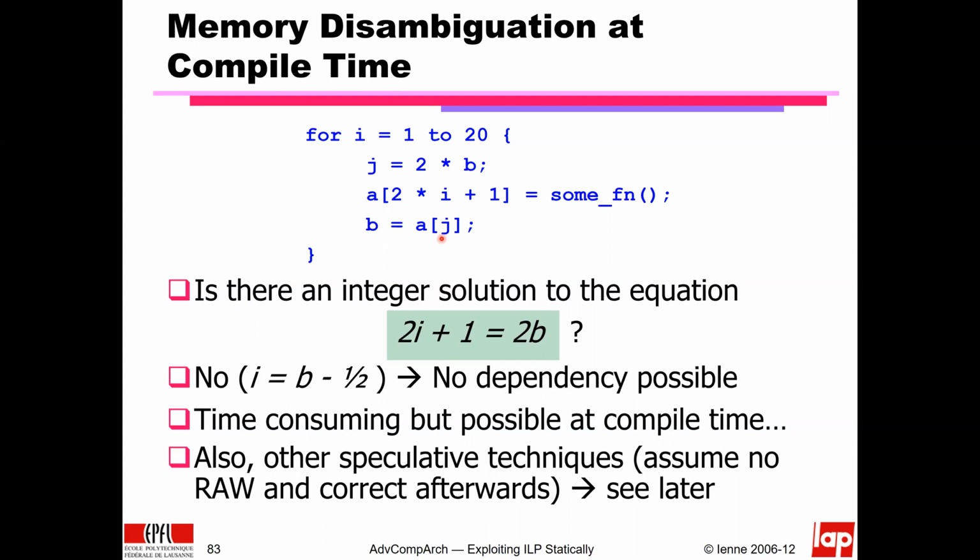Now, solving this and understanding this is extremely costly, mathematically extremely costly. There are techniques, there is a whole theory of polyhedral analysis that does this. There are libraries that you can use. The libraries are actually very commonly used because it's a problem that comes out in different contexts, in different situations.